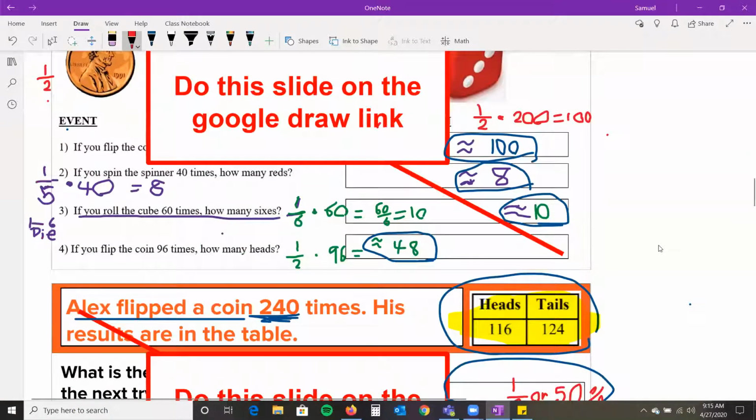And one last thing, remember last week or the week before, we had you guys shoot paper baskets, right? Make a paper ball and shoot baskets into a little hoop. In doing that, we were able to get an experimental probability of the likelihood of you guys making a basket, right?